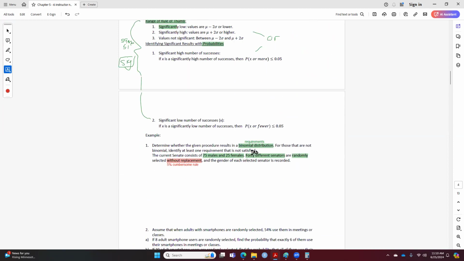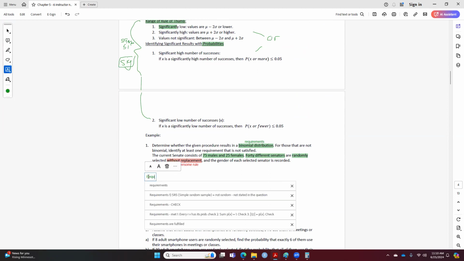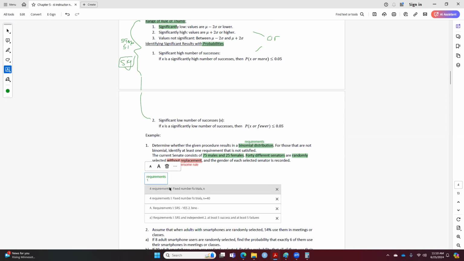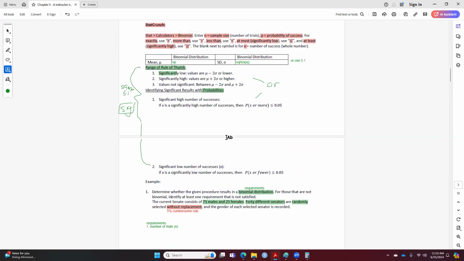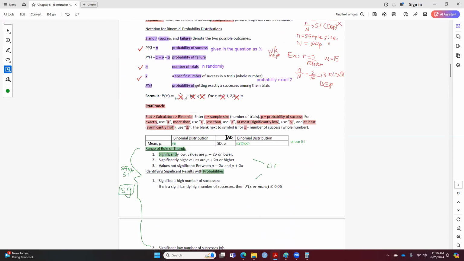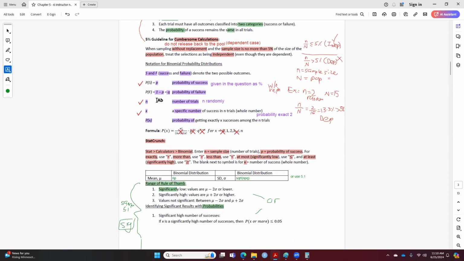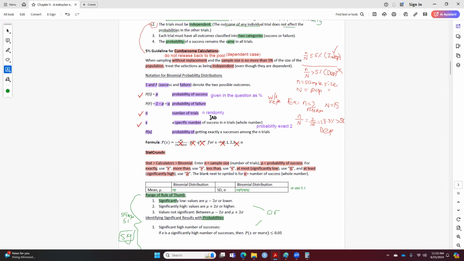But the first thing is we have to figure out what the requirements are. The first requirement is you need to know the number of trials, n. Can someone tell me how we find n in this case? What words are we looking for? We will use the word randomly.